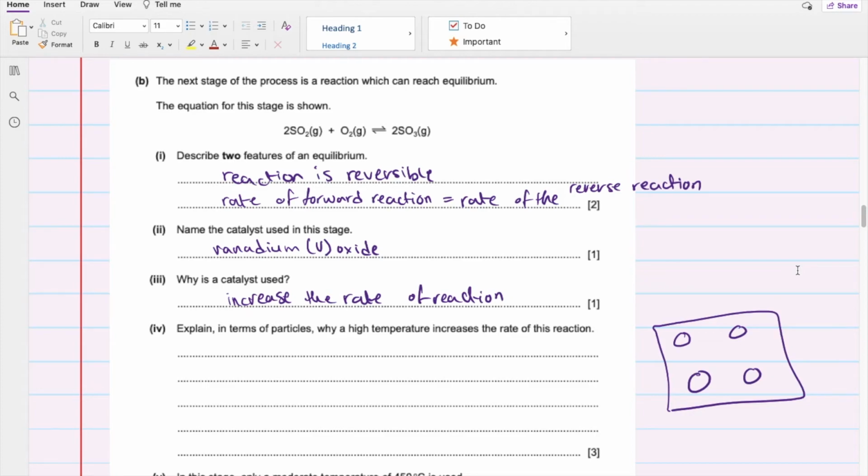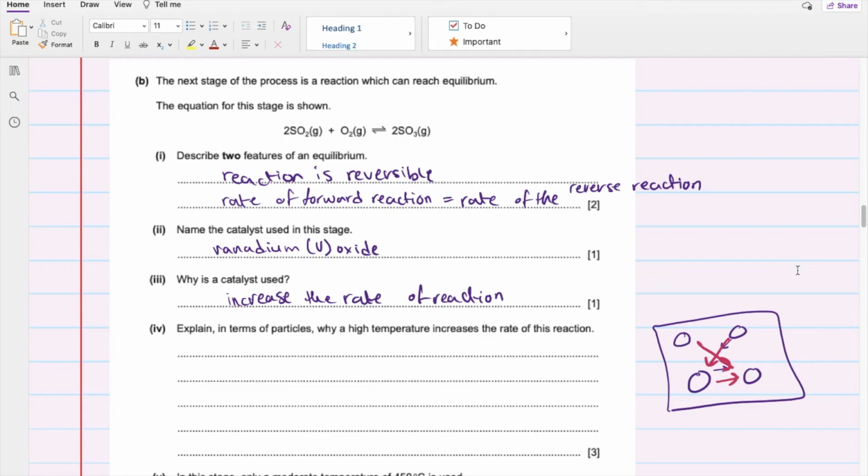They're not going to collide with each other as often. But if they were given a lot of energy, the chances of them colliding is a lot greater. So if you have a greater chance of colliding, and their actual energy is now greater than the activation energy, then you're going to get the products.